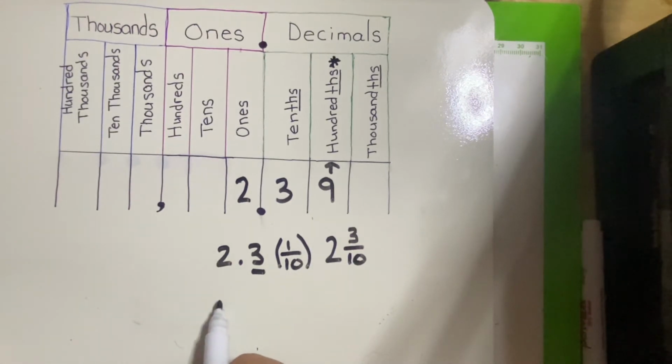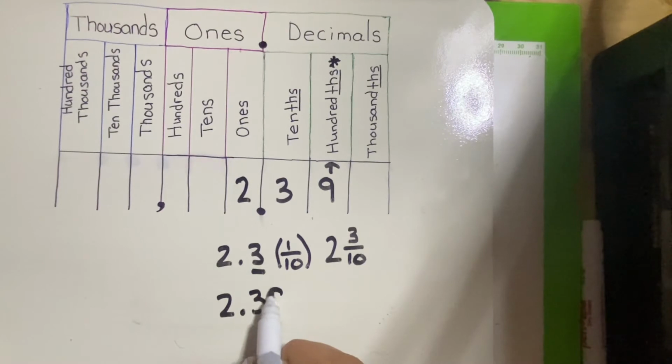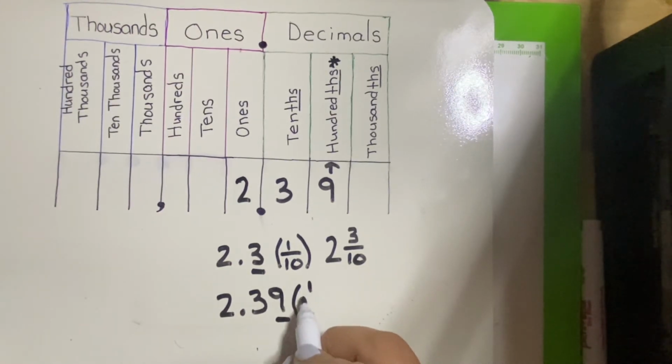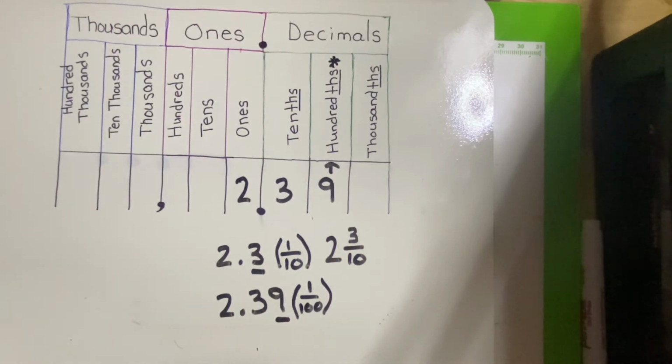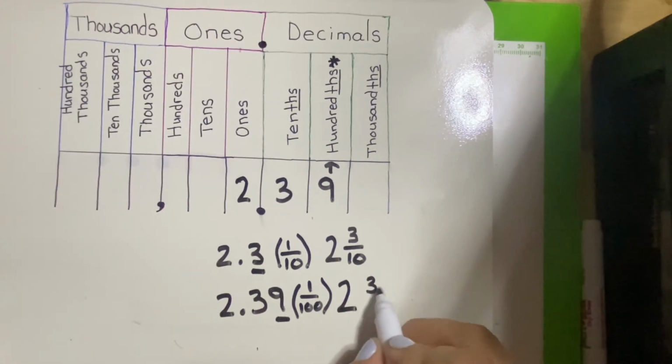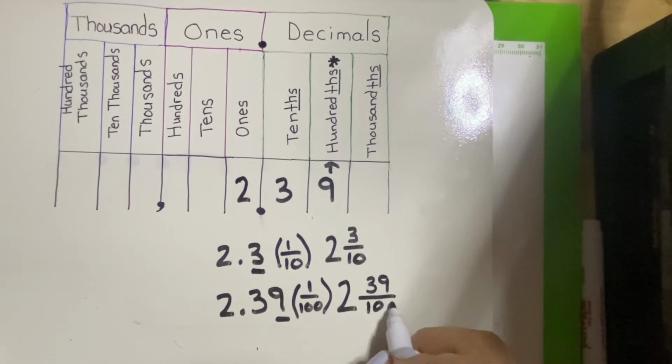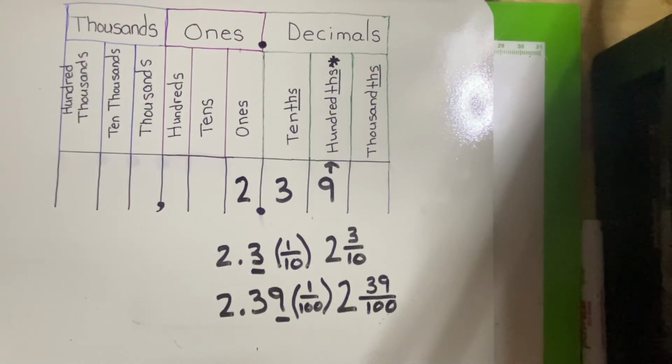So if you have a number like 2.39 and you have 2 and 39 hundredths, then we're talking about 1 out of 100. So that fraction is going to look like this: 2 and 39 hundredths, just like that.